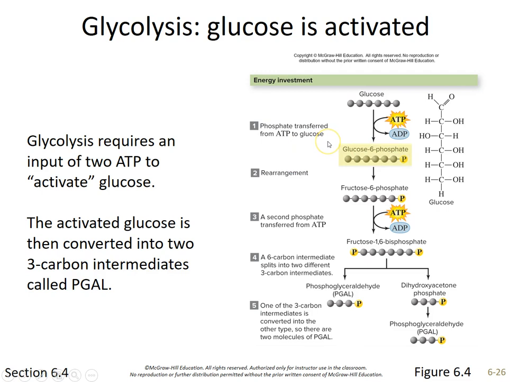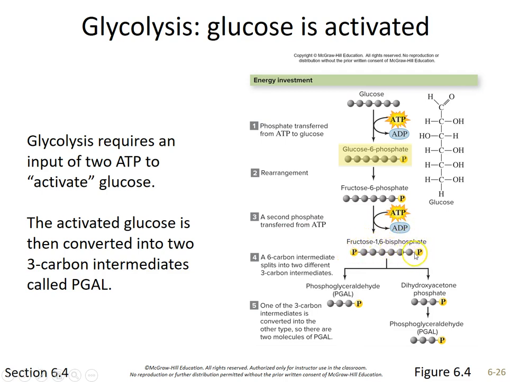We're looking closer at the steps here. From glucose, it doesn't go straight to the 2 pyruvate. There are intermediate steps here. Glucose 6-phosphate, so we add a phosphate to the 6 carbons, and then we have fructose 6-phosphate once it's rearranged, and then a second phosphate is transferred from ATP, so we get another intermediate, fructose 1,6-bisphosphate.